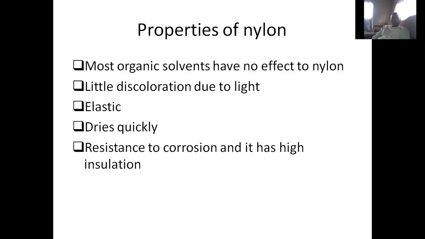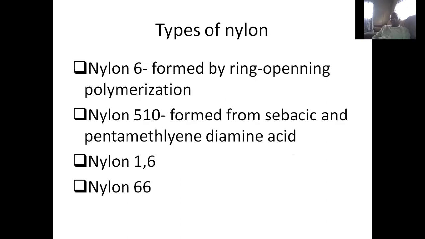And so we have seen a variety. This is not limited to what the properties of nylon are. We have several of them, and I've just listed a few of them here to show that nylon is widely used as a synthetic fiber. And so we have different types of nylon. It depends on the raw materials that you are using, particularly the monomers.